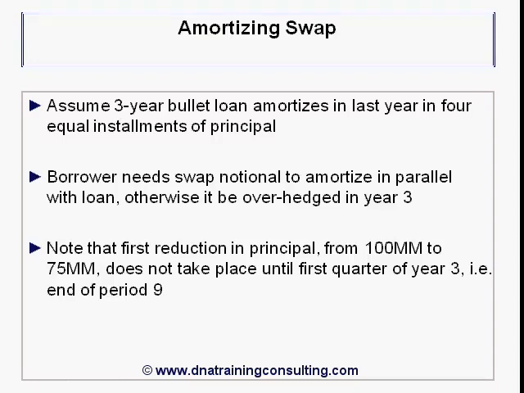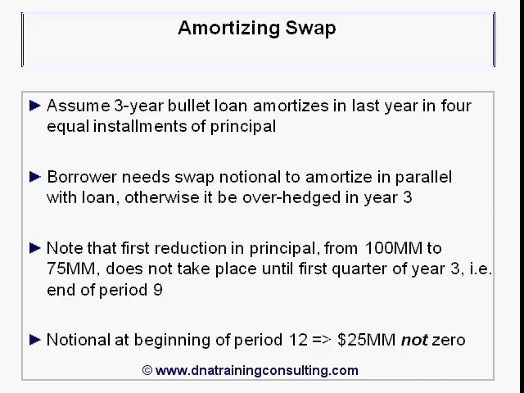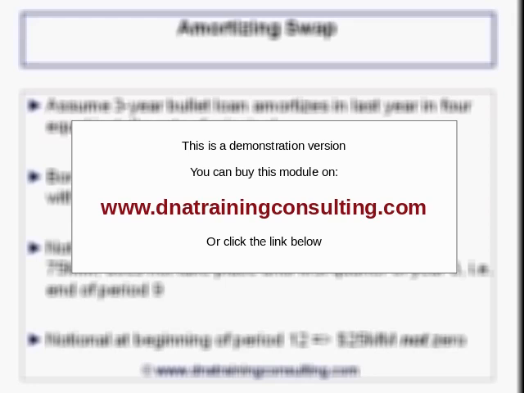You should note that the first reduction in the principal from 100 million to 75 million would not take place until the end of the first quarter in year 3, i.e. at the end of the 9th quarter. By the same token, the notional at the beginning of the 12th quarter is therefore 25 million rather than 0.